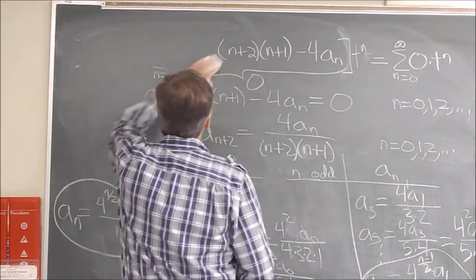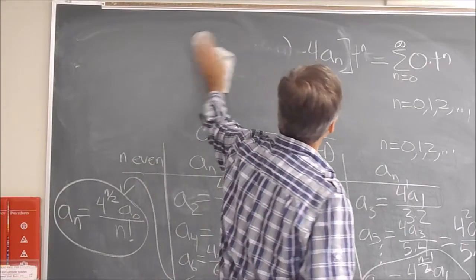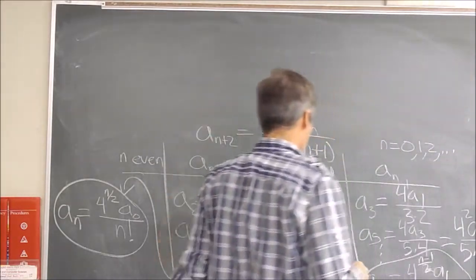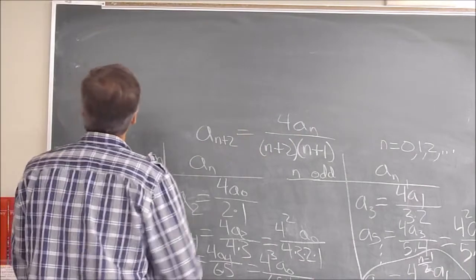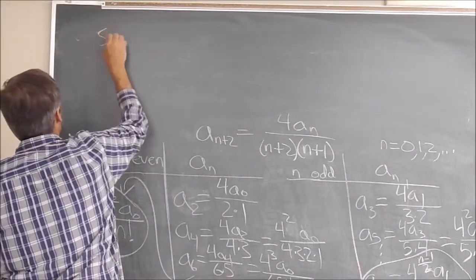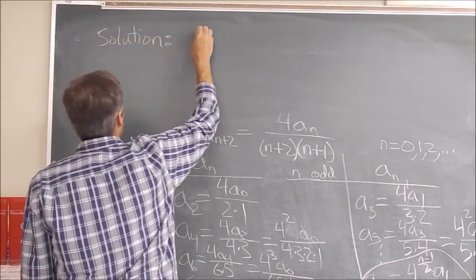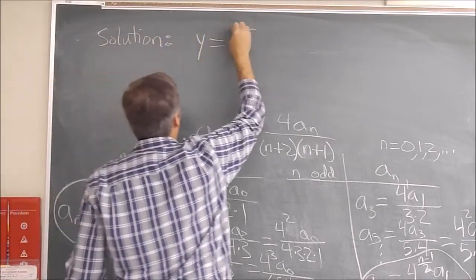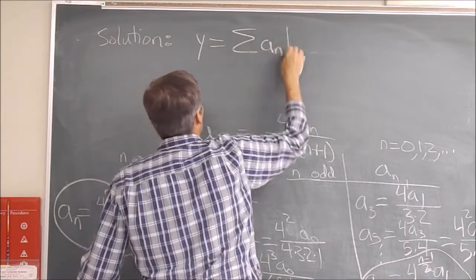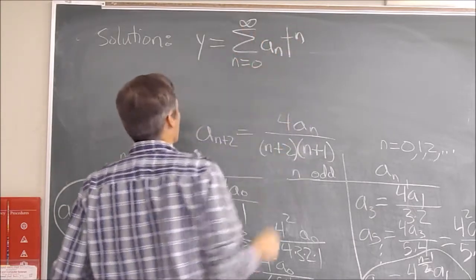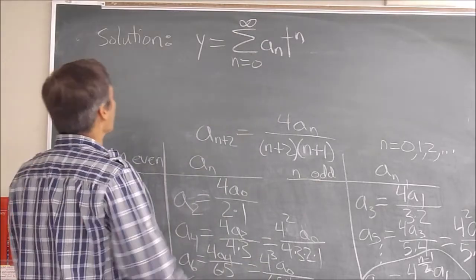Now I have the solution, right? Because the solution is just a power series, sum a_n t to the n. And I found formulas for all the a_n's, except a0 and a1 are arbitrary. So I write now the solution to the differential equation is just y equals sum a_n t to the n. Our initial assumption, which was valid for this kind of a differential equation, is that it does have such a solution.